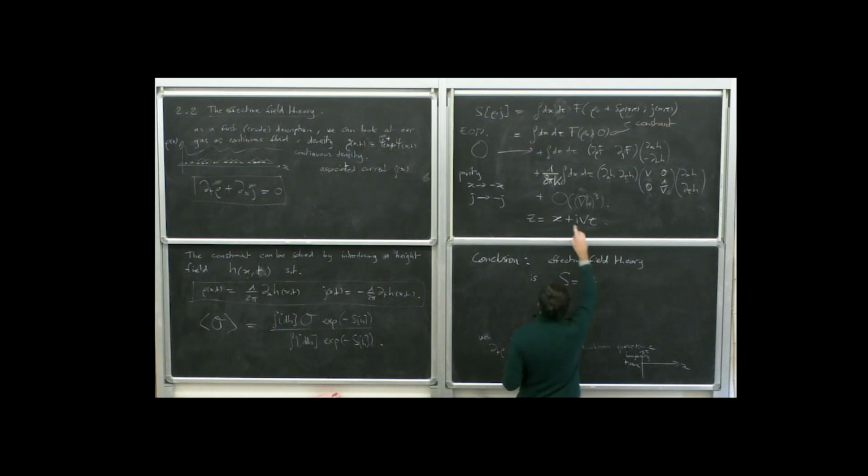That was the 0th order term. Some constant plus 1 over 8 pi k times the integral of dz h dz bar h. Let's just write this as the gradient of h squared in those coordinates times d squared z. Okay, so it is this way we find the Gaussian free field.